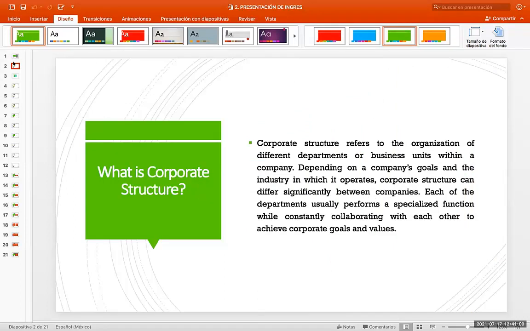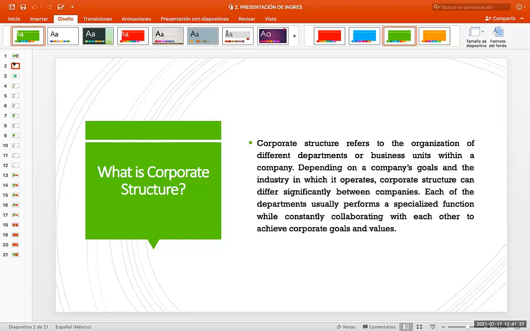First, we need to define which is the concept of corporate structure. To answer this question, this slide shows us which is the concept. Corporate structure refers to the organization of different departments or business units within a company.